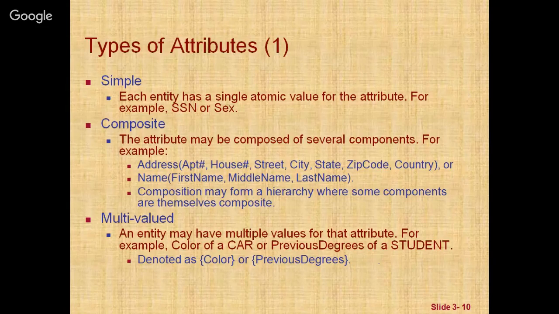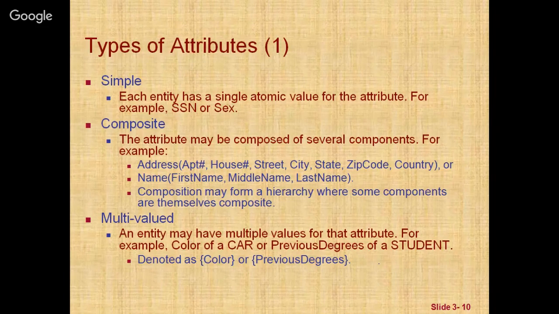Then another type of attributes are your single valued or multi-valued attributes. Well, here I have defined multi-valued. Before I go to the multi-valued, I would just like to wrap up with the single value. See, most attributes have a single value for a particular entity. Such attributes are called single valued.